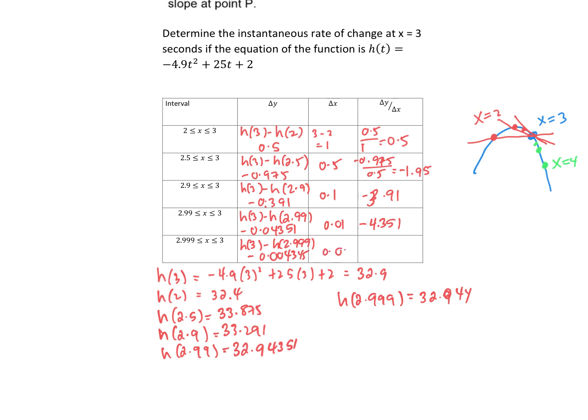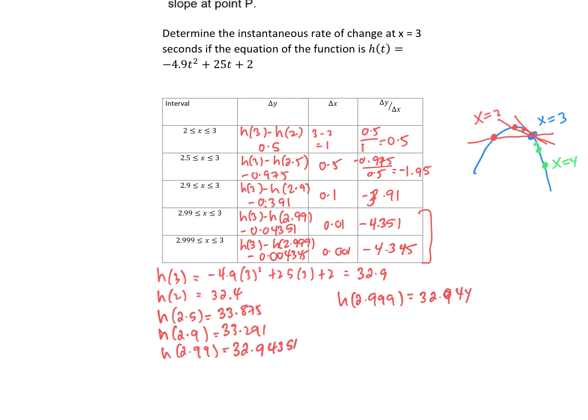Delta x is 0.001. We do the division, and I get negative 4.345. So now I start to see some consistency. I've got negative 4.3 for both of those results. When I go to the hundredths place, it's a little bit different, but it's a pretty good approximation. So I might stop there.